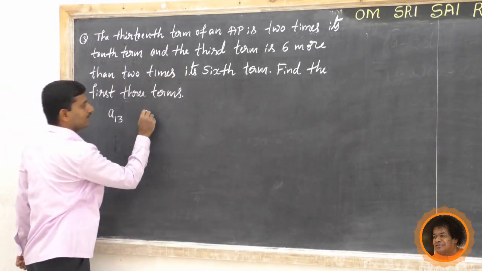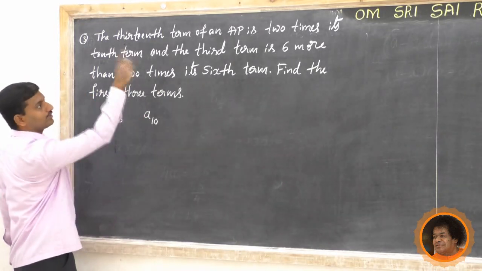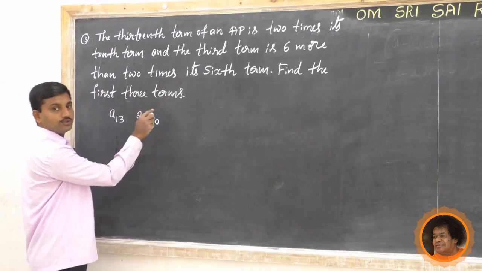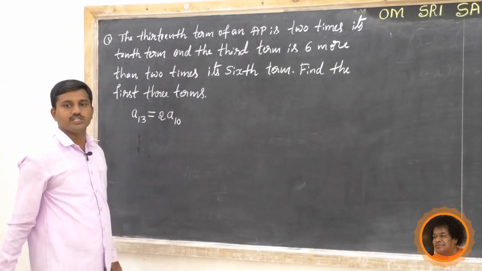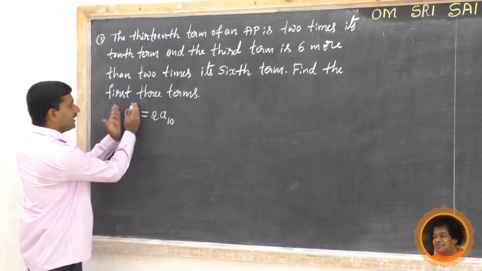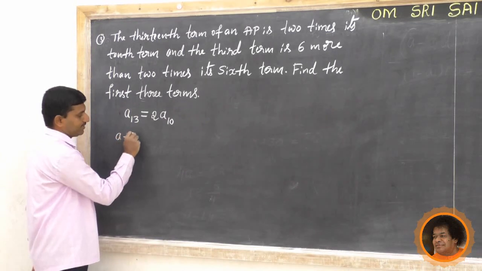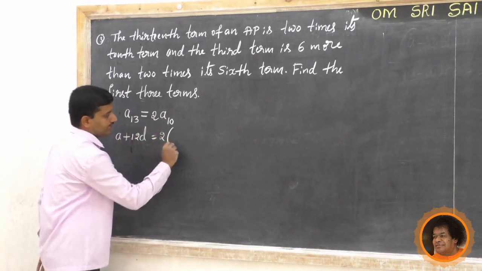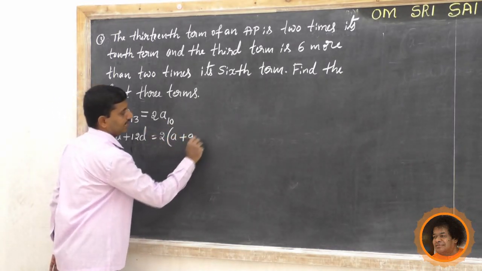The 10th term is a10. 2 times means multiplied by 2, so a13 equal to 2 into a10. A13 means a plus 12d equal to 2 into a10. A10 means a plus 9d.